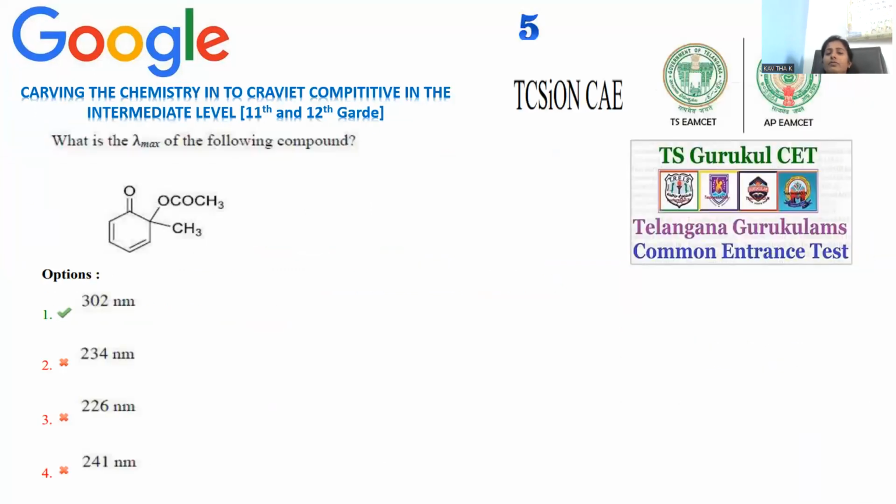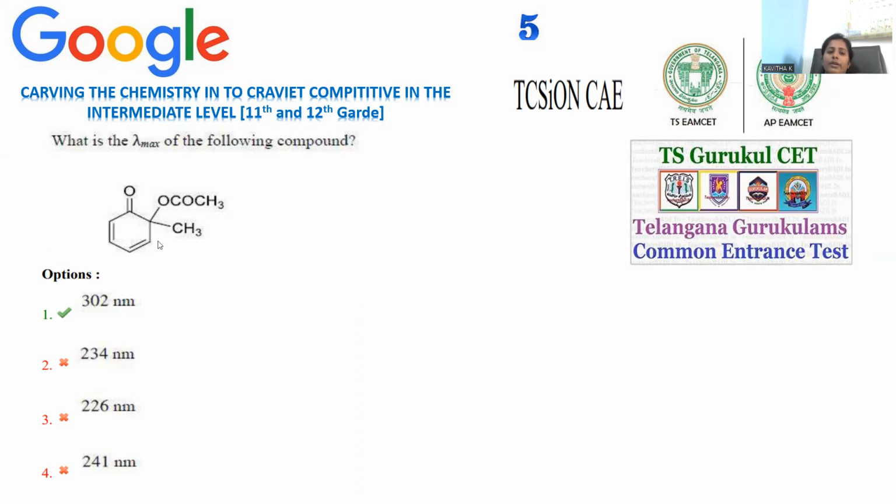Question number 5. Question number 5 is taken from the Telangana Gurukulam Degree College Lecturer Entrance Examination, right? What is the lambda max value of the following compound? This question is from spectroscopy analysis, especially UV visible spectroscopy. Lambda max values are given for UV visible spectroscopy.